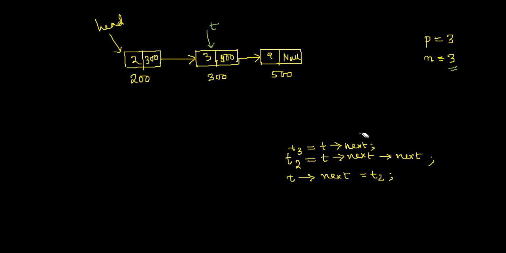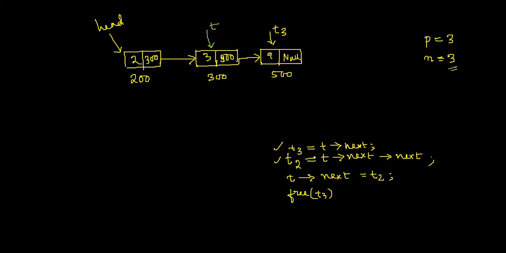I'm not going to use this statement right now. So t3 equal to t next should be there. So t3 equal to t next means t3 is now pointing here, right? And then I have a free statement over here, right? Free t3. So if I execute this statement, first one, t3 is pointing to the last node. Fine.